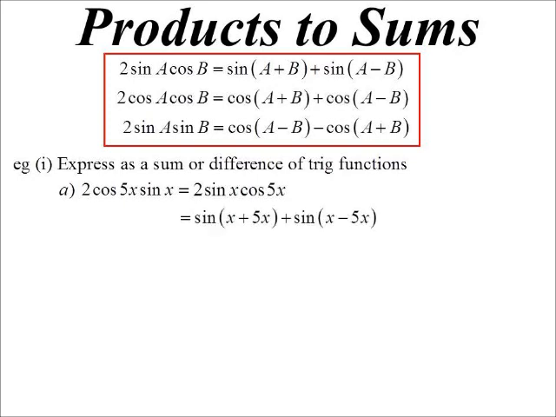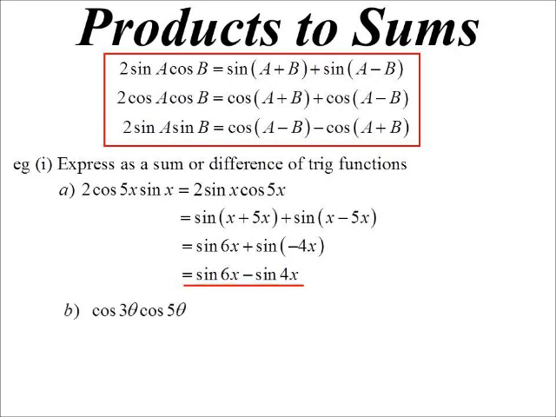So it's A plus B, A minus B in this case, 5x plus x, 5x minus x. We get sine of minus 4x. Sine, of course, is an odd or even function? Odd. So it's the same as minus sine 4x. So I could rewrite my product as a sum, or in this case, a difference.